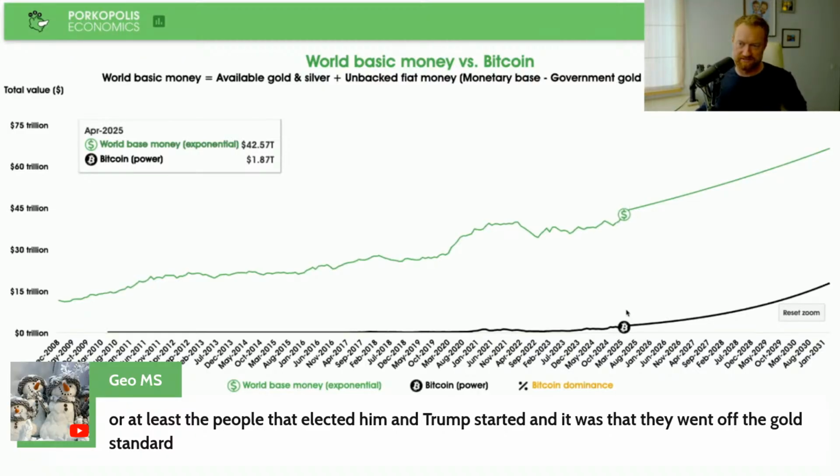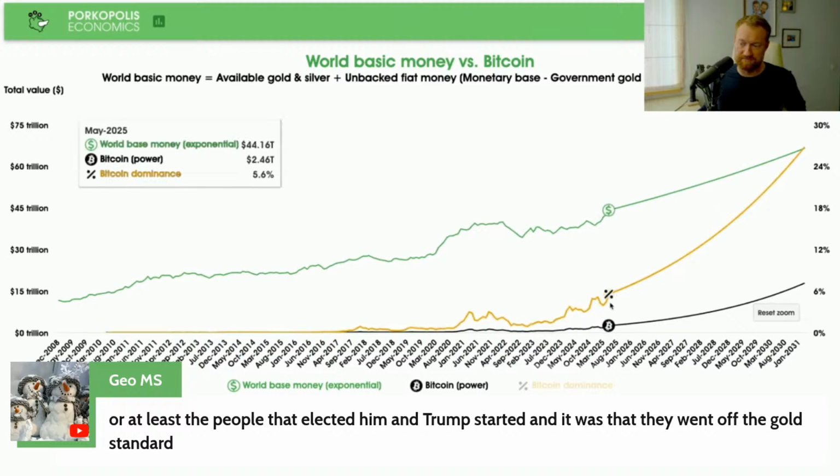The trend line starts in May, so it jumps here, but this is the number. And then if you add on gold and silver, we get to this $42 trillion number. So Bitcoin is 5%. We're at 5%. It's an amazing accomplishment. There's the number. 4.4%.